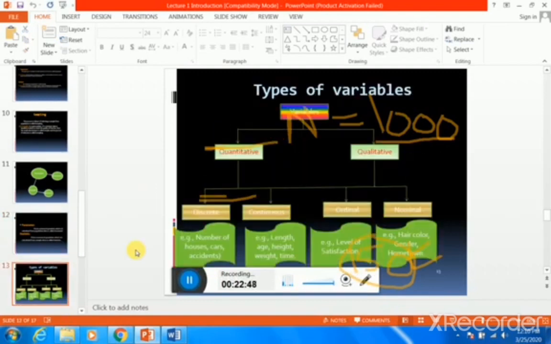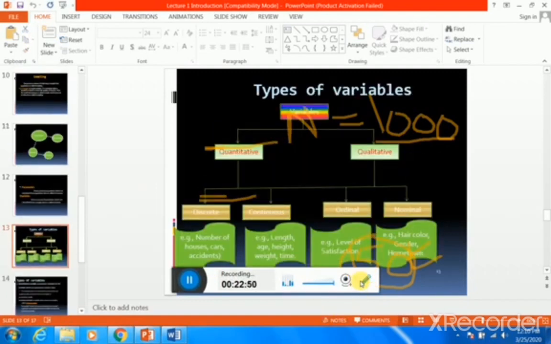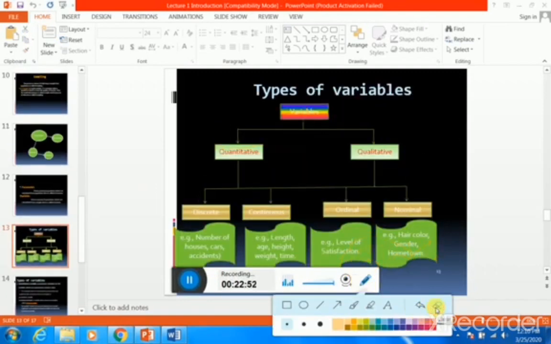Next we are moving to the next slide. The main idea of this slide is the types of variables. Already we have discussed what variables are.